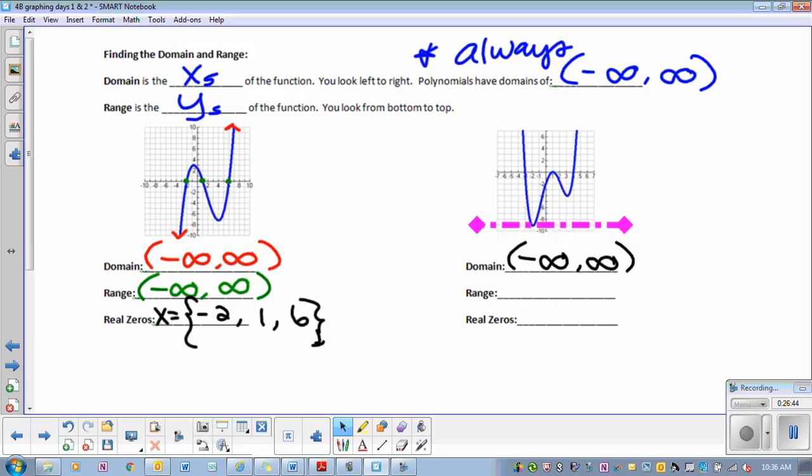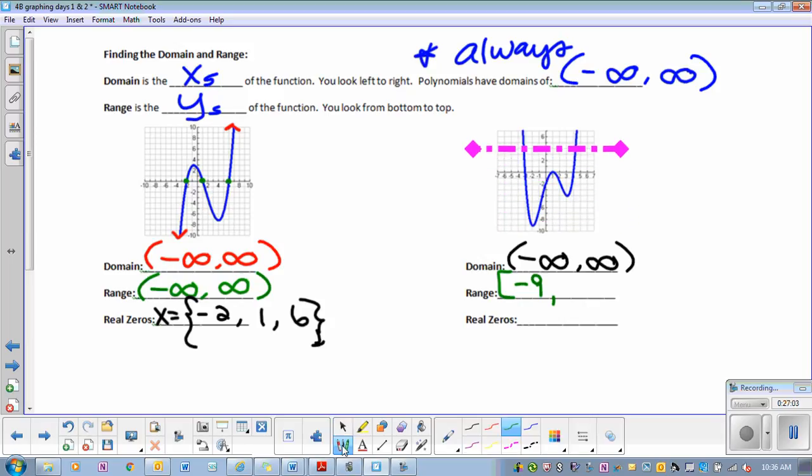It only goes down to right here, -9. And that -9 has a closed circle. So what notation does it get? Good. Bracket. And then we keep going up, up, up. And we have arrows going up. So up to where? Infinity. And then parentheses, okay? Because remember, the infinities always get parentheses.